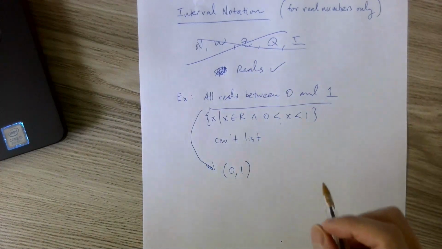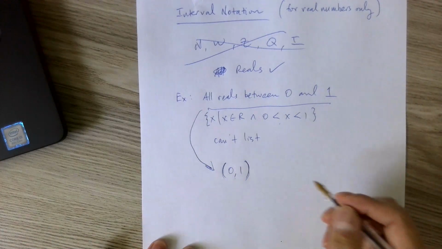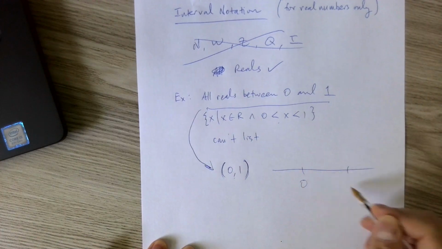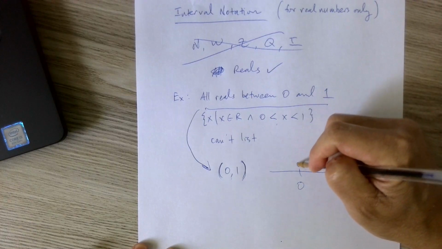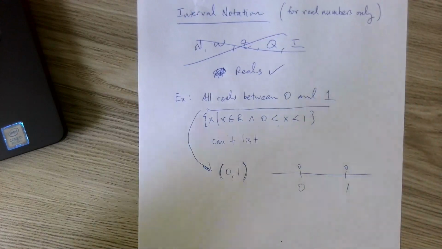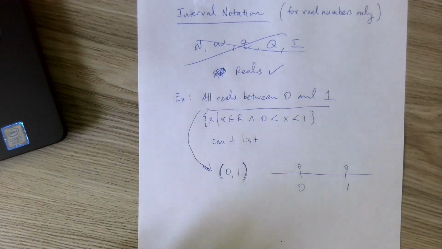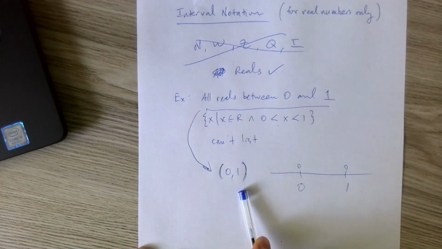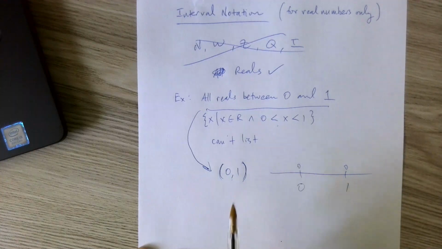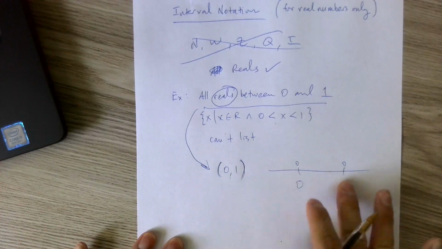Well, the parentheses simply mean that, and I'll use a graph to explain this. The parentheses simply mean that the 0 and the 1 are the bookends. Your set is limited by the gap between 0 and 1. And then since we are talking about reals, that includes every type of number in this gap.